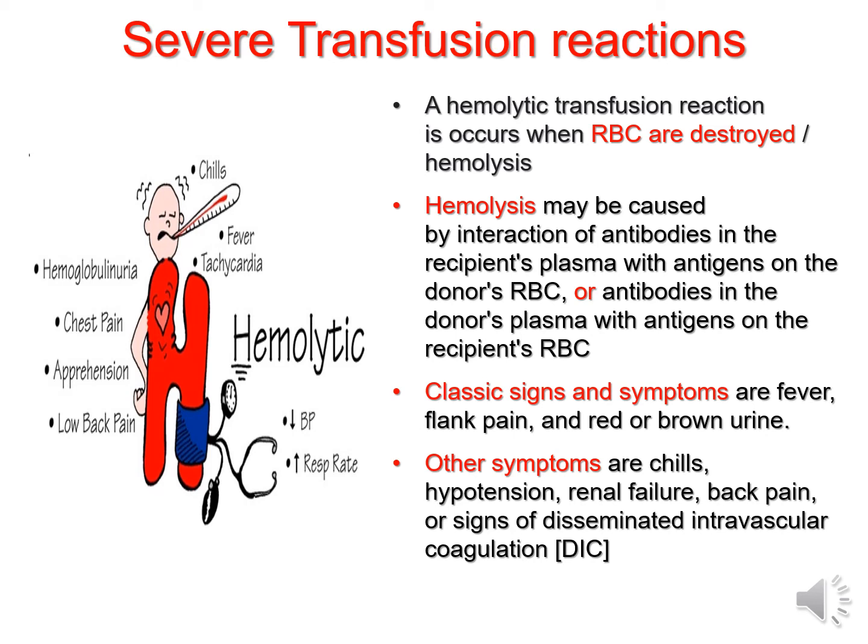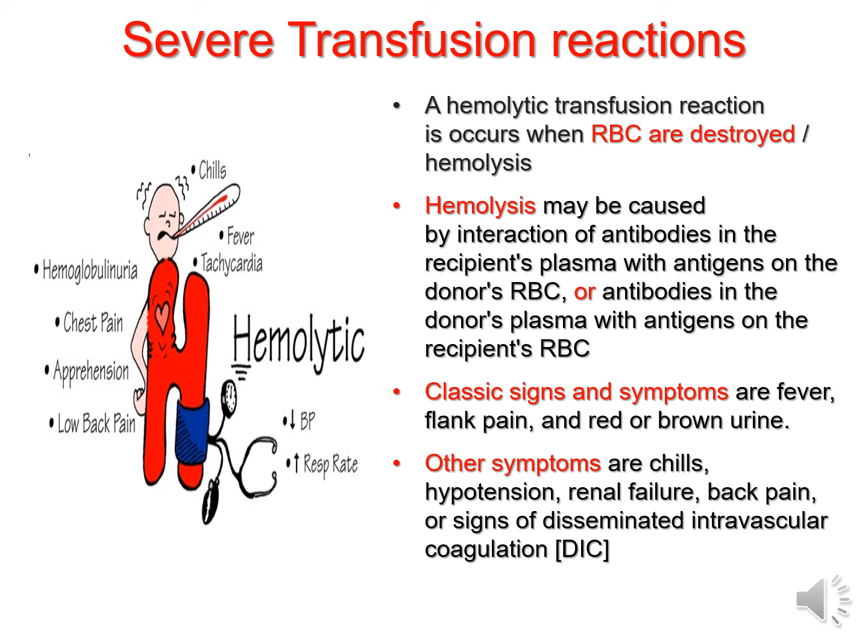Now this is a hemolytic reaction that occurs when red blood cells are destroyed, which is really hemolysis. Hemolysis may be caused by interaction of antibodies in the recipient's plasma with antigens on the donor's red blood cells, or vice versa. Antibodies in the donor's plasma with antigens on the recipient's red blood cells.